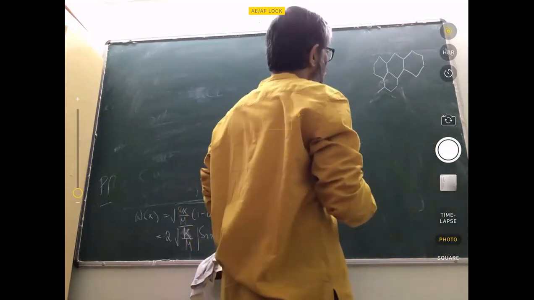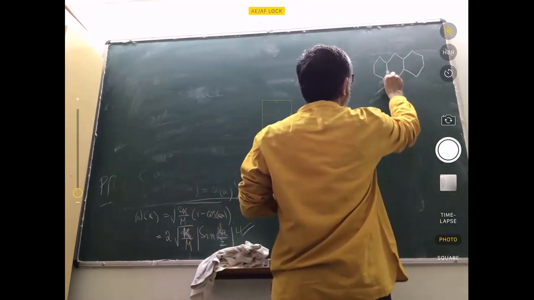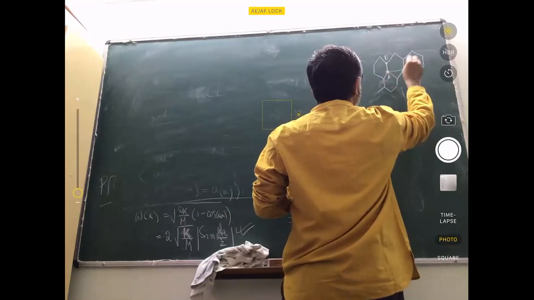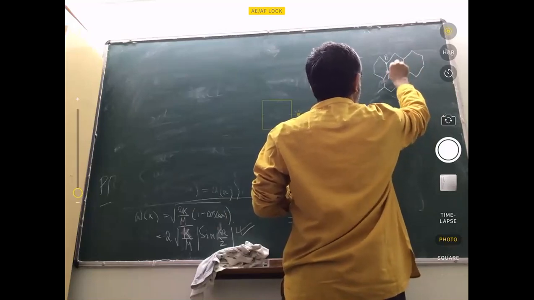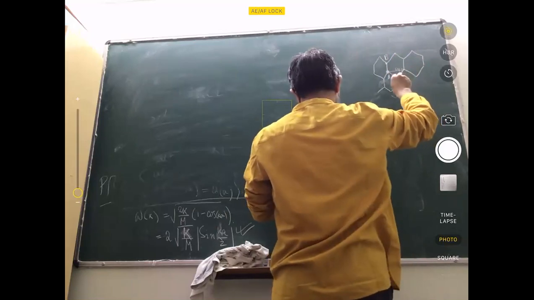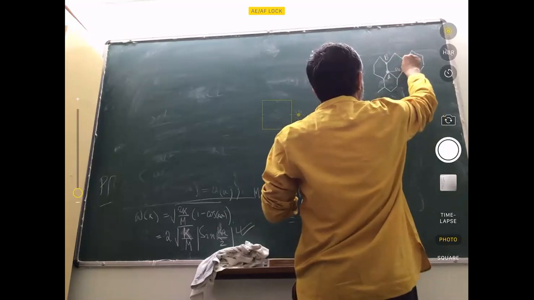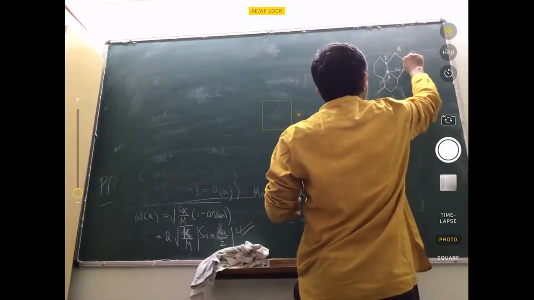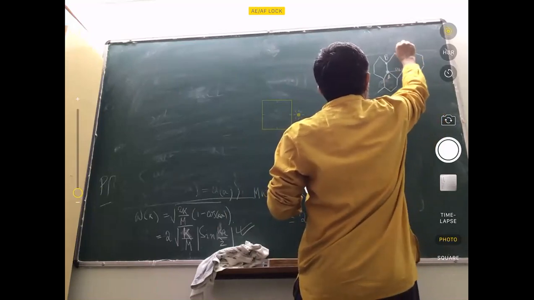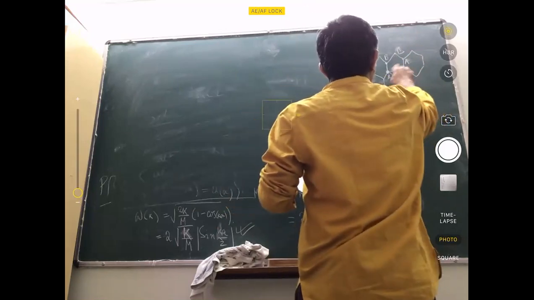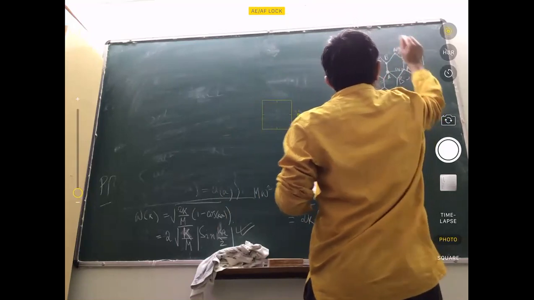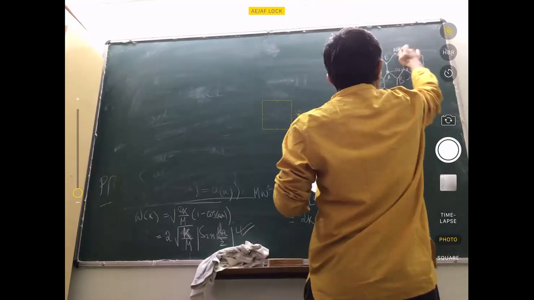So this is how the crystal looks. So let's say this is an A atom. This is a B atom. A, B, A, B. That's how it goes.